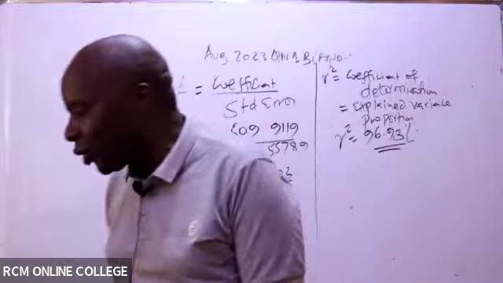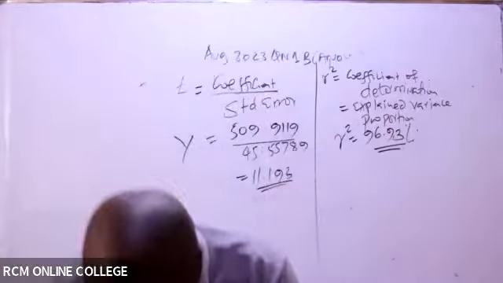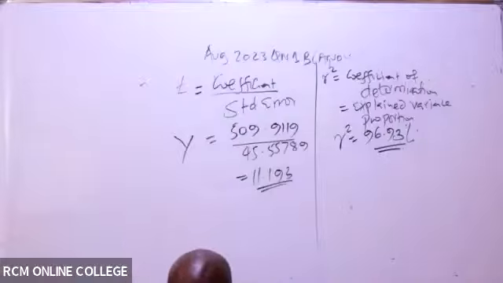So that 96.93%, I will give you 2 minutes. I've seen somebody who has tried explaining it there. I would want to see what you would have said in an exam if you got that kind of a question.